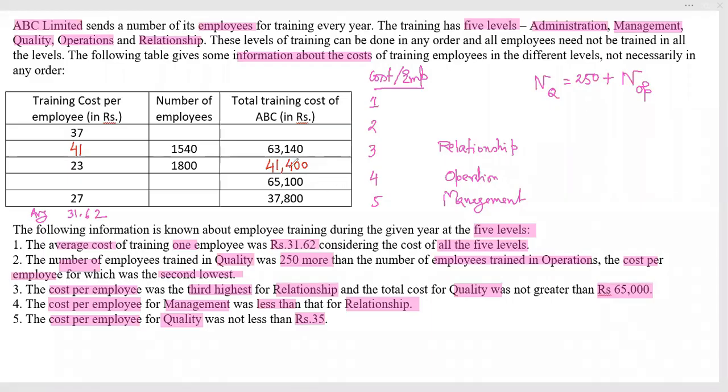Now we can see that after division, because here total number of employees and total training cost are given. If I divide it, I can find training cost per employee will be 41. Similarly, for the third row, it would be 41,400.